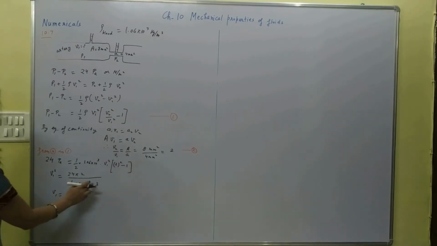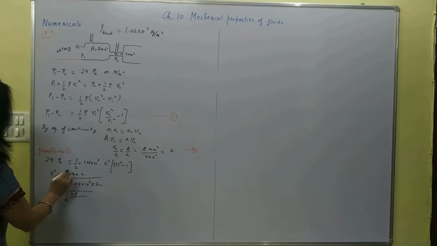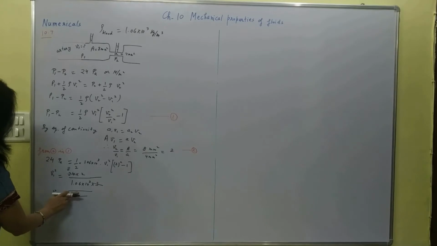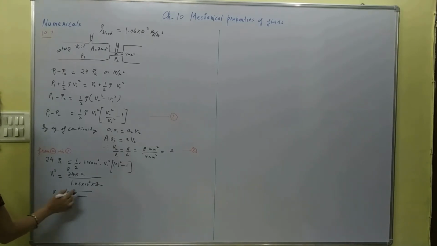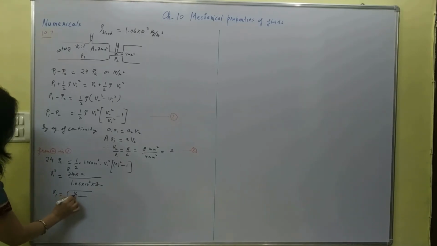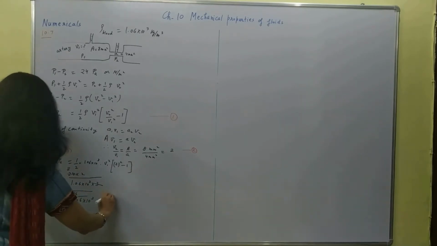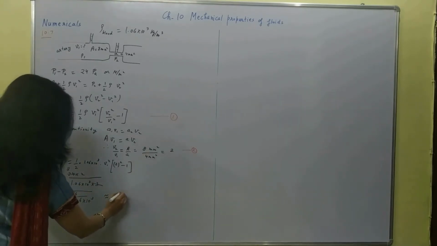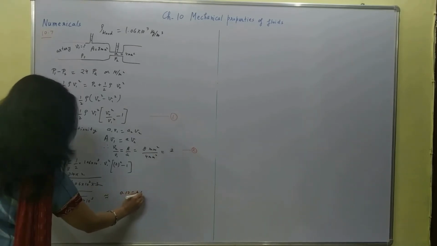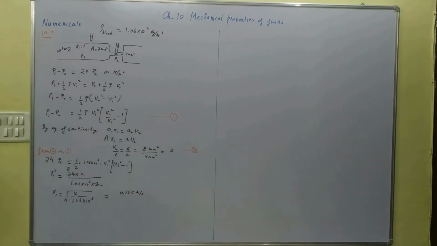We can solve it. 3 1s are 3, 3 8s are 24. So this comes out to be 16 upon 1.06 into 10 to the power 3. So this comes out to be nearly equal to 0.125 meter per second, right? So this was your example 10.7.